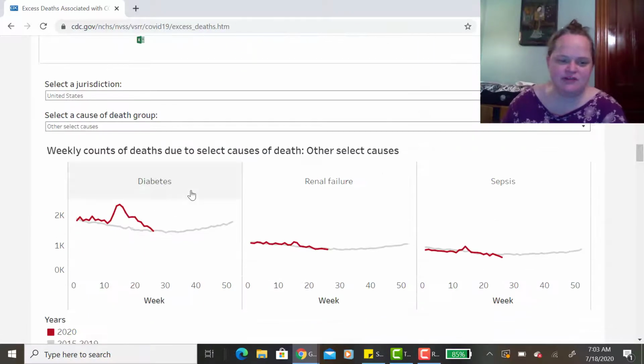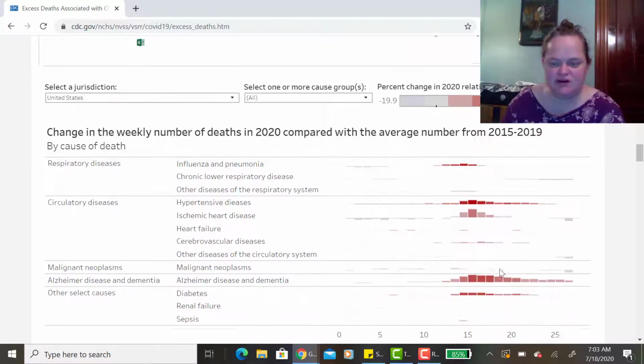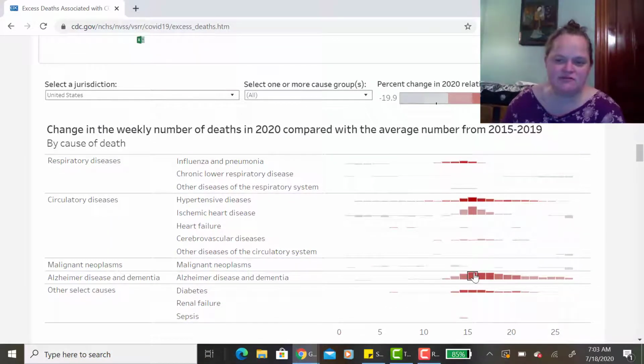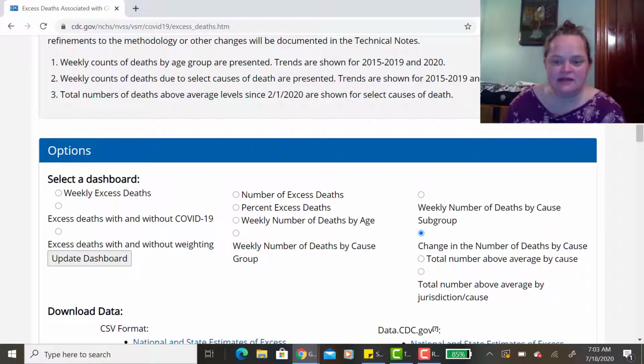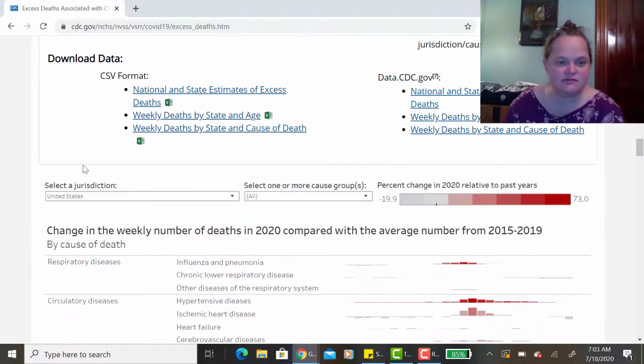The last couple ones I don't like so much. Change in the number of deaths by cause. It's basically the same kind of information they had in the prior ones, just graphed a different way. And total number average by cause.